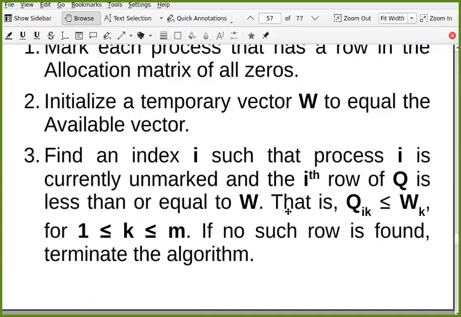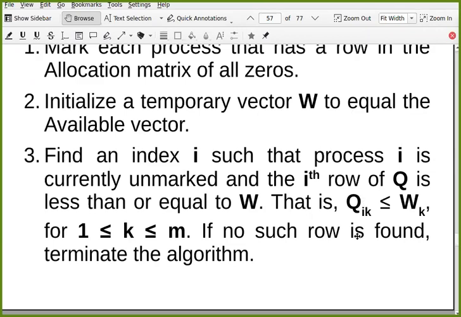Find an index I such that process I is currently unmarked and the ith row of Q is less than or equal to W. Q is the request matrix, and each row of Q represents the requests of different resources for a particular process.